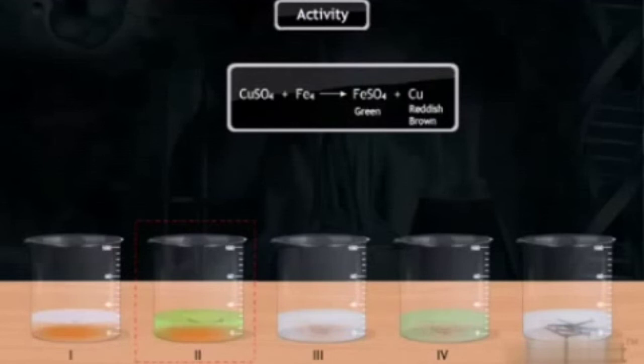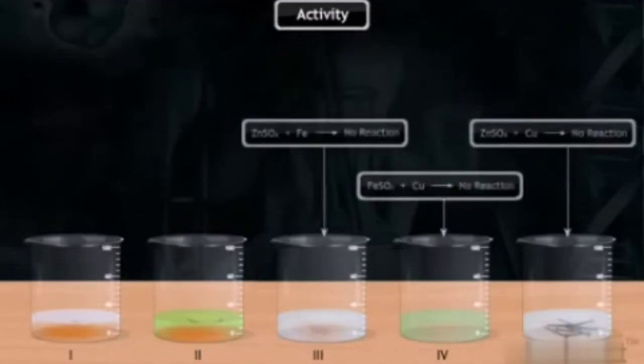From this experiment, we can conclude that a more reactive metal can replace a less reactive metal, but a less reactive metal cannot replace a more reactive metal. Here, copper is less reactive than zinc and iron.